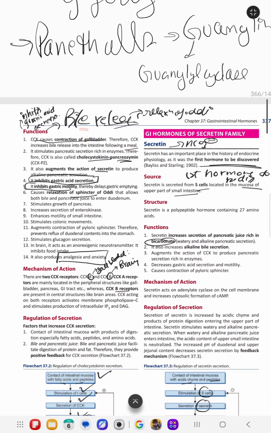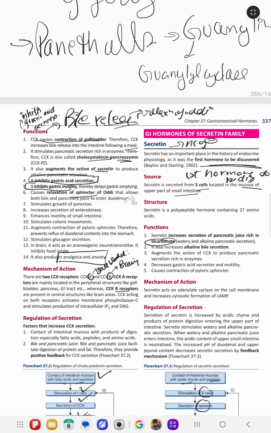So its function is basically contraction of the gallbladder. CCK increases bile release into the intestine during a meal. Basically, CCK causes gallbladder contraction, which releases our bile juice. What does bile juice contain? It contains alkaline material to decrease the acidic content.